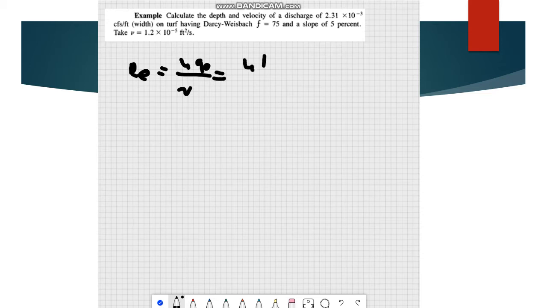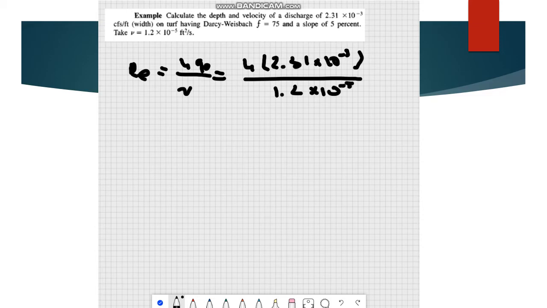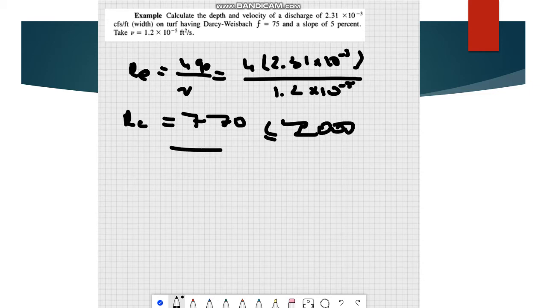So 4 multiplied by 2.31 times 10 to the power minus 3 over 1.2 multiplied by 10 to the minus 5 gives us a Reynolds number, as in the previous example, of 770, which is below 2000, so laminar. So check, right?